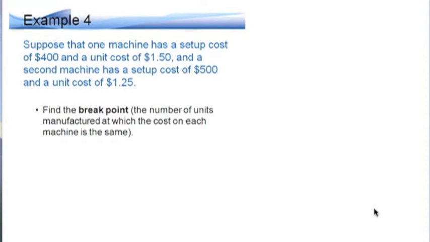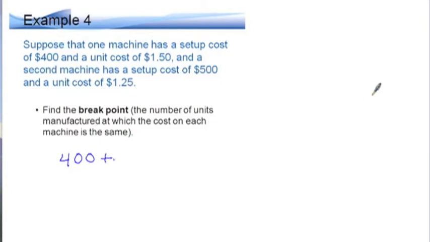So let's let X equal the number of units, number of items manufactured, number of sofas, whatever. That's what X is going to stand for. And let's build an expression that will tell us how much it costs to make X units on machine 1. Well, first off, for machine 1, I have to pay an upfront fee of $400 just to get it set up.